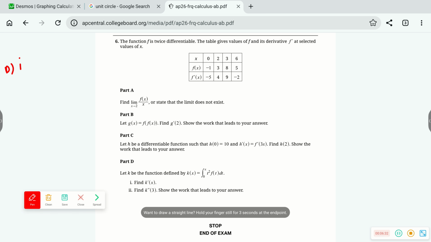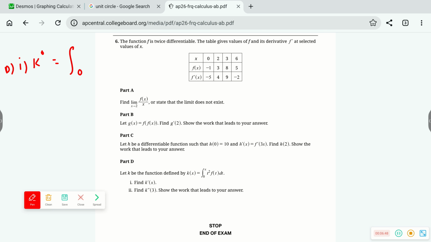Part D. So K prime, this is the fundamental theorem of calculus. K is given to be the integral from 0 to x of t squared f of t dt. Therefore, K prime eliminates your integral and puts x into the t position. So it becomes x squared times f of x.